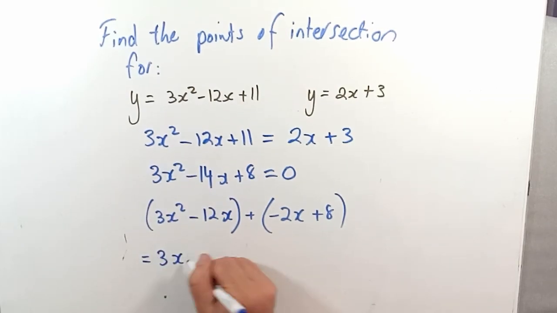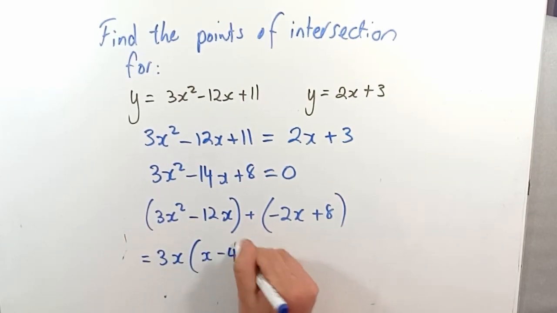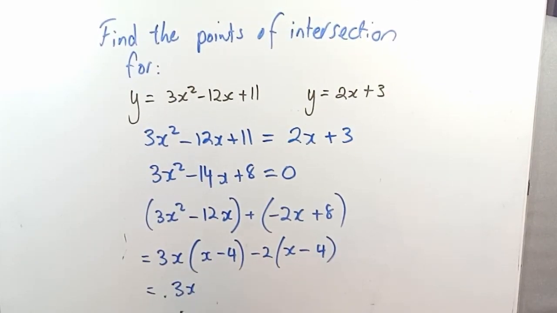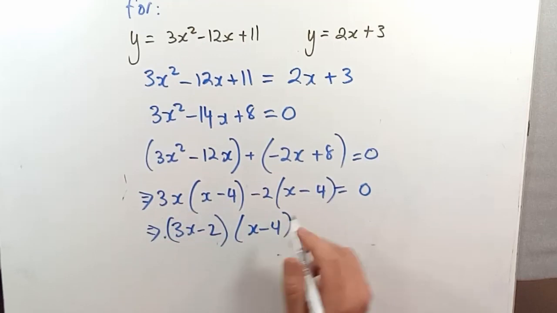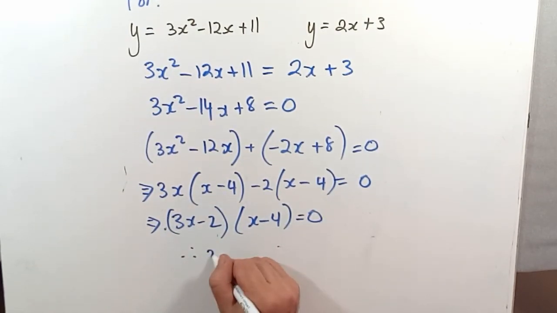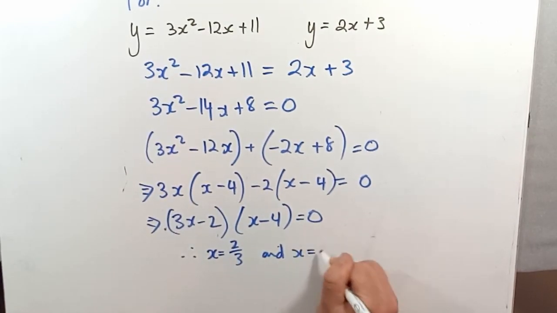Okay, take out the common factors, so 3x, leaves me with x minus 4, take out the negative 2, x minus 4, gives me (3x minus 2) on the outside, (x minus 4) inside, and we're looking for when this is all equal to 0. Equal to 0, so that means they intersect at x equals 2/3 and x equals 4.